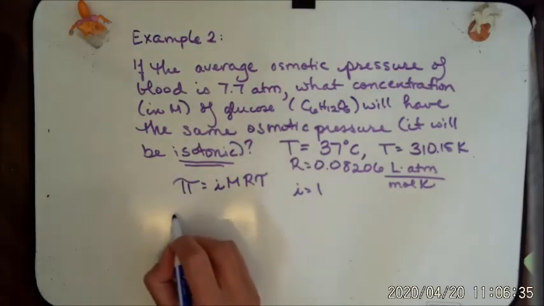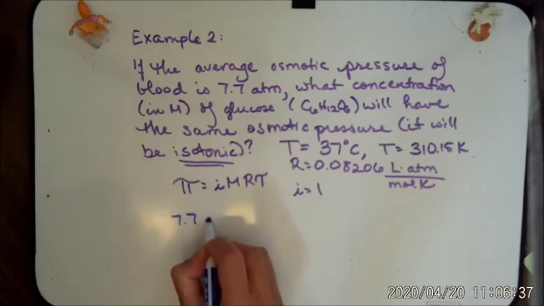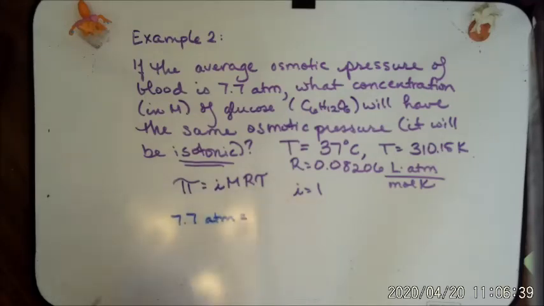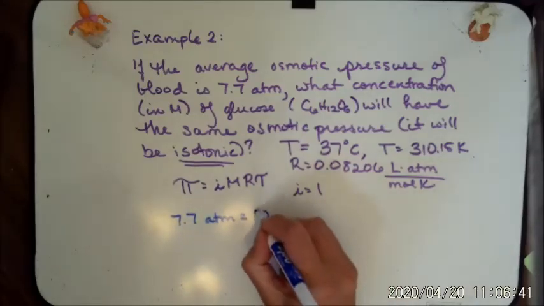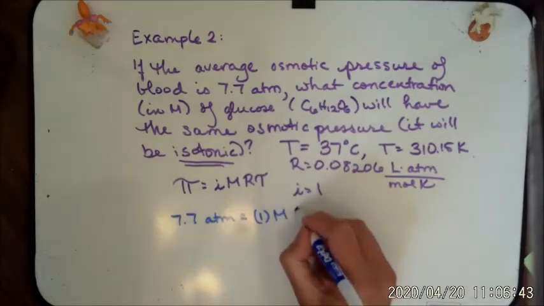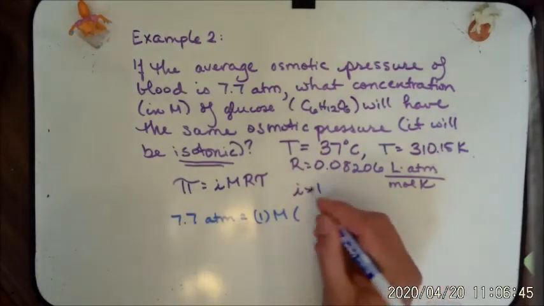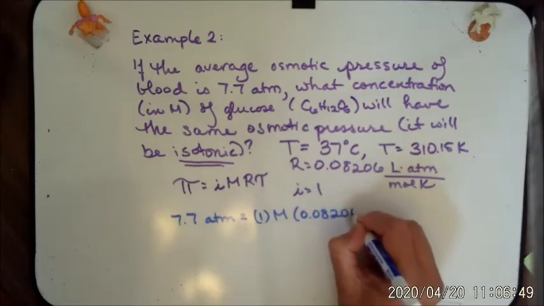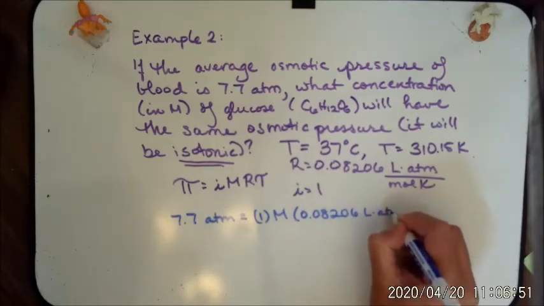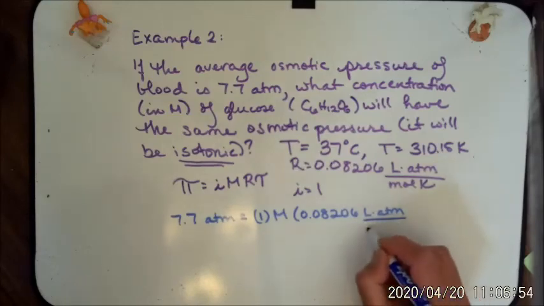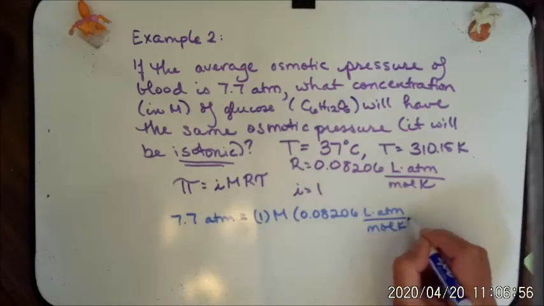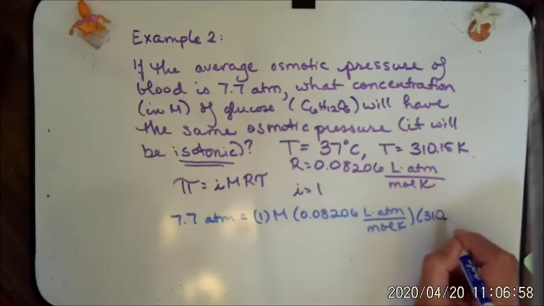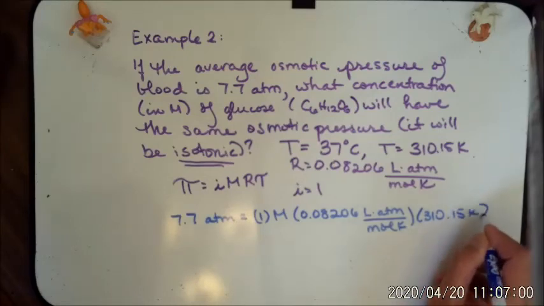So, let's try this. We know 7.7 atmospheres is equal to 1 times M. We're looking for M, and we're looking for it at 37 degrees. Times 0.08206 liter atmospheres per mole Kelvin, times 310.15 Kelvin.